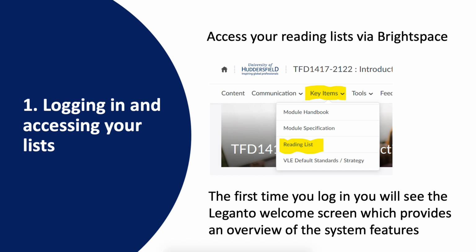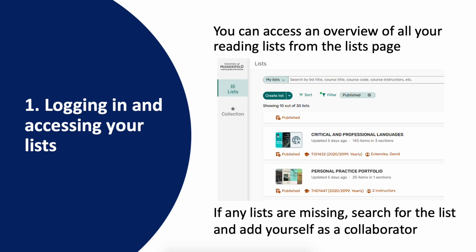So number 1, logging in and accessing your lists. So you access reading lists via Brightspace. Each module will have a link to the reading list, and the first time you log in through Brightspace you will see a welcome screen which provides an overview of the system features.